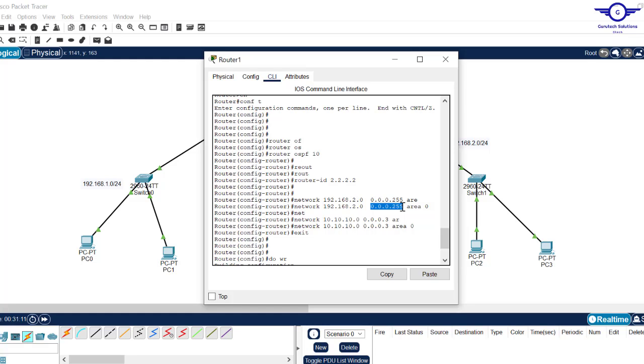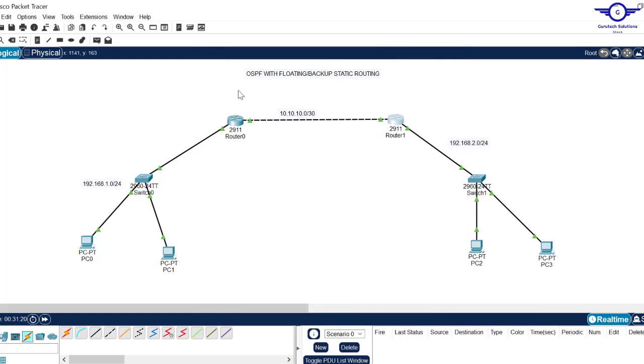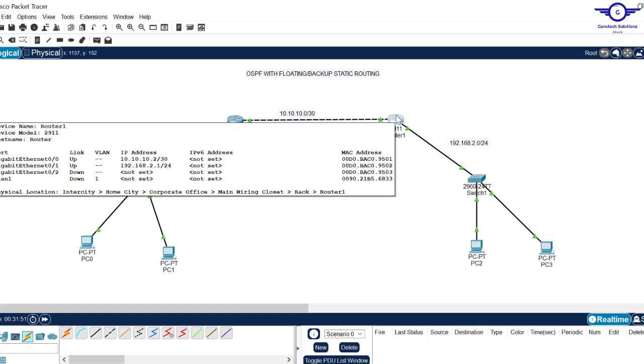What does OSPF do? Why do we use OSPF? Like I said previously, this router only knows about the directly connected networks. If you use OSPF, it will let this router know that there are other networks in the topology that are not connected to it, and that if you want to go to that network, you have to use this router.